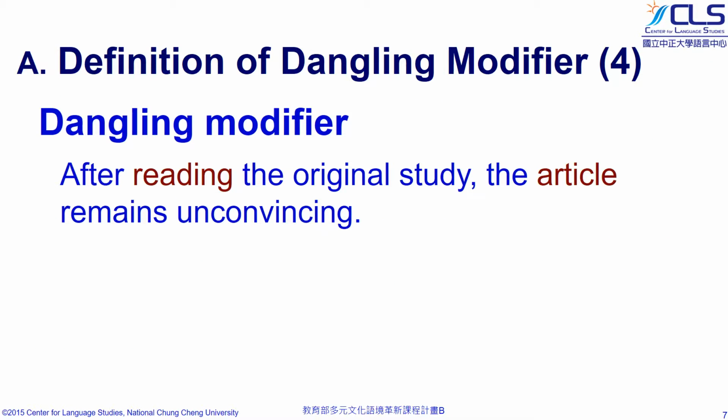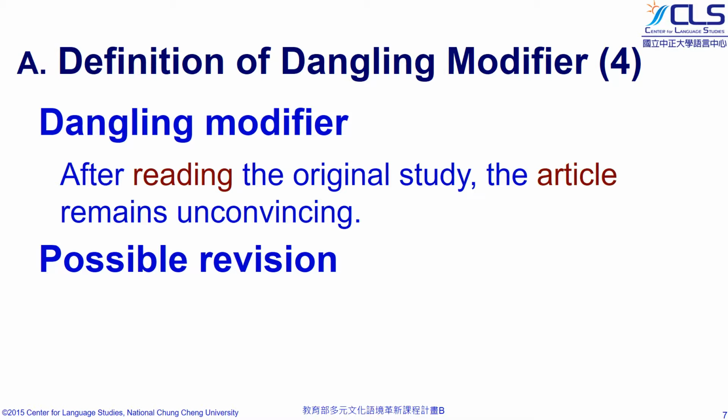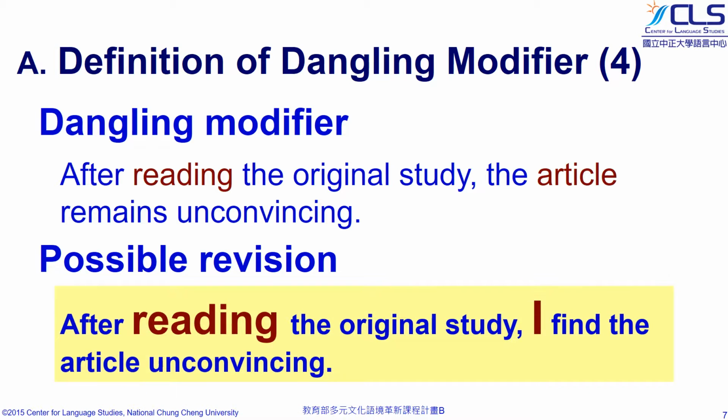Here we have a participle reading, and the doer must not be an article. So how can we fix it? We can put the doer, which can be anyone based on the context. Here, for example, we put I as the doer, making I the subject of the main clause.